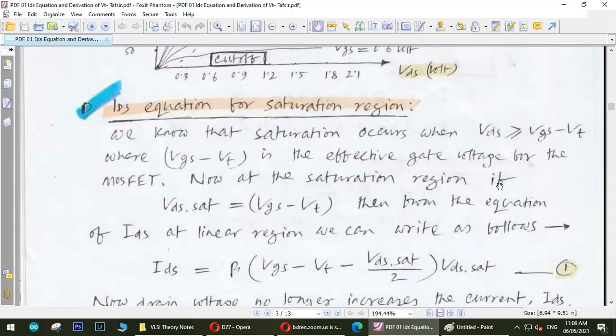At the saturation region, if we put VDS equal to VGS minus VT, which we call VDS set, it is the starting of the saturation. Then we will get the following equation.